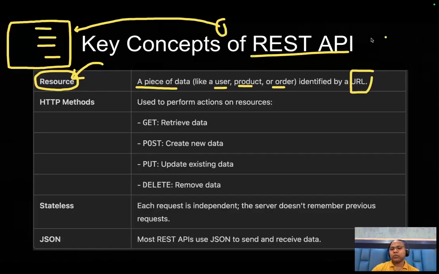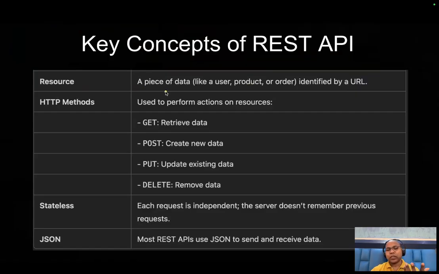Whatever services your company offers, each service must be uniquely identified so that your customer can say, I want X product, I want Y product, so that you can access it. So in REST, whatever the service providers offer is considered a resource, and each resource can be uniquely identified by its URL.